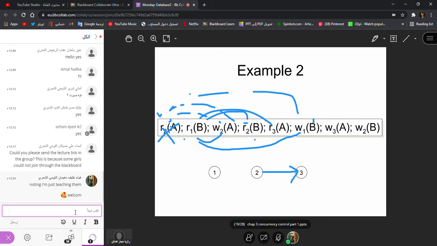R1B and W1B, no conflict, because the same transaction is reading and writing on the same element. Then transaction 1 is reading on B and transaction 3 is writing on A. Again, no problem, because the elements are different. This one is the problem only.